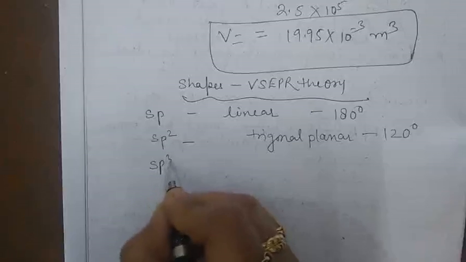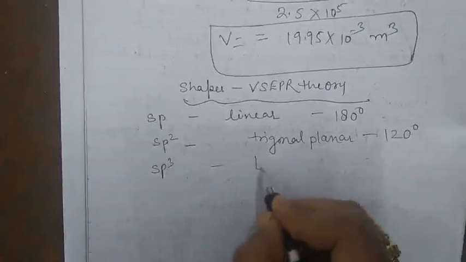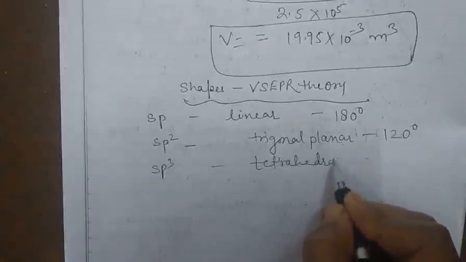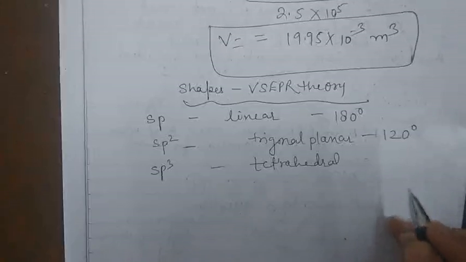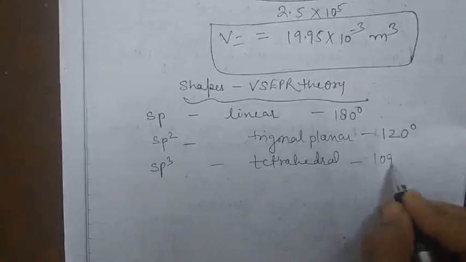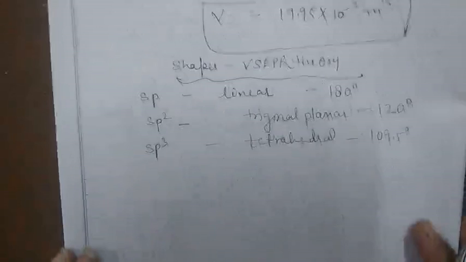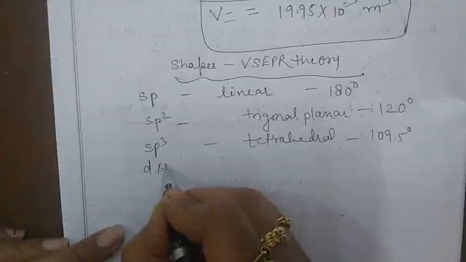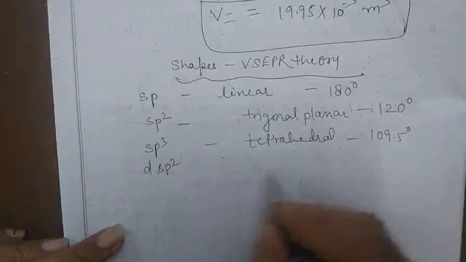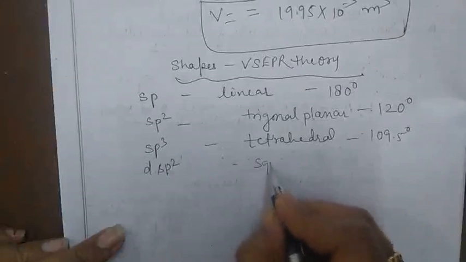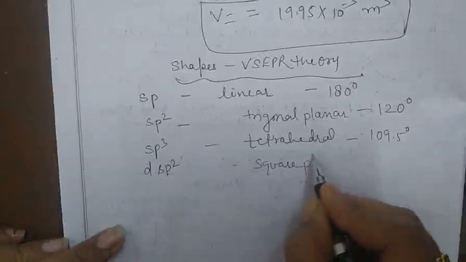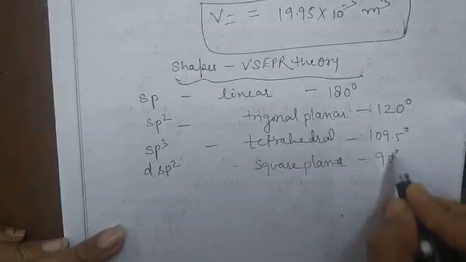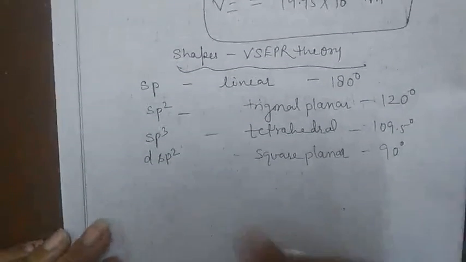If the hybridization is sp3, the shape is tetrahedral, and in case of tetrahedral we know that the angle is 109.5 degree. Now in case of dsp2 hybridization, the shape is square planar and the angle is 90 degree.